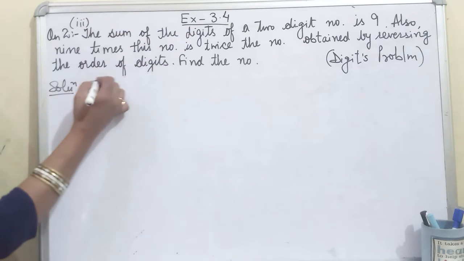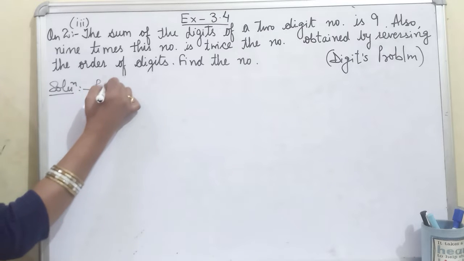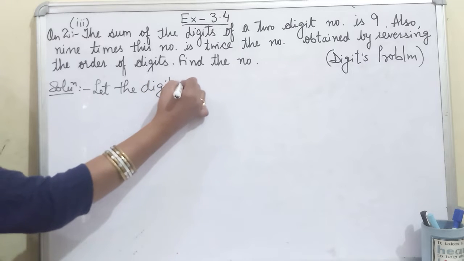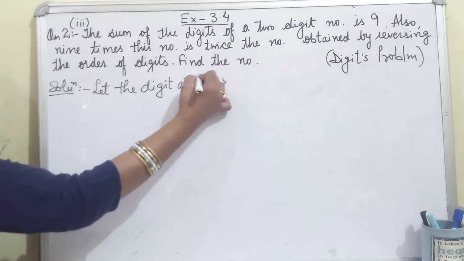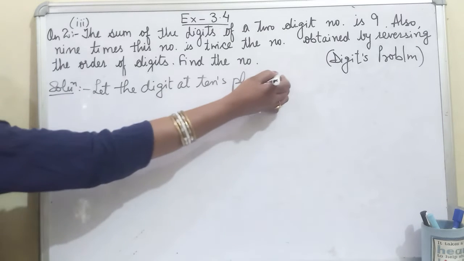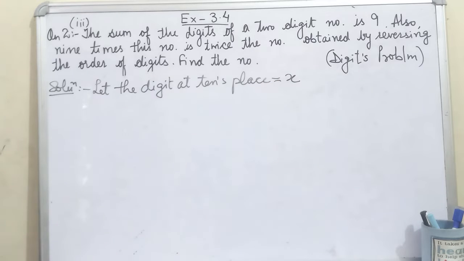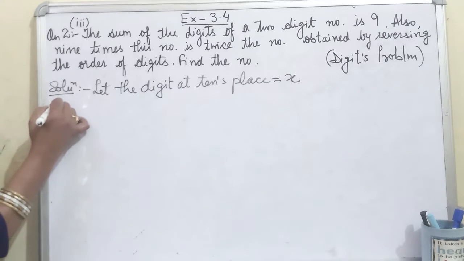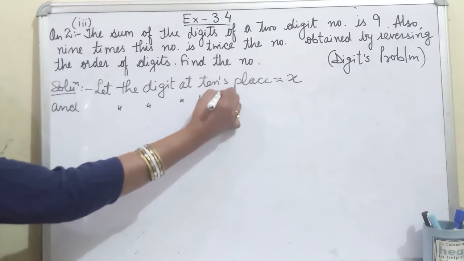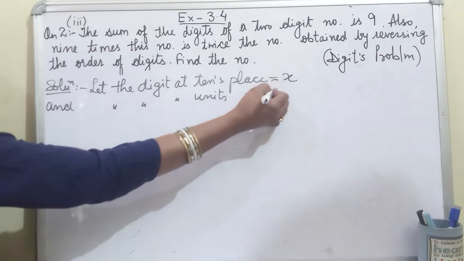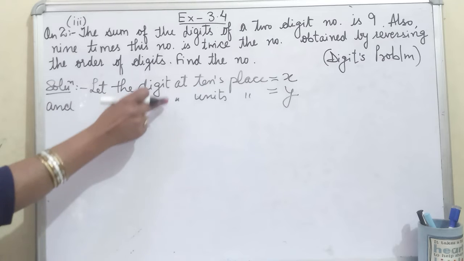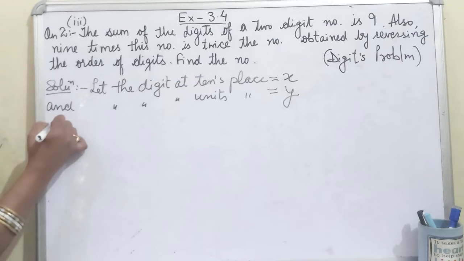The first one is, let the digit at tens place be x, and the digit at units place be y. If the digit at tens place is x and the digit at unit place is y, then what will be the number?